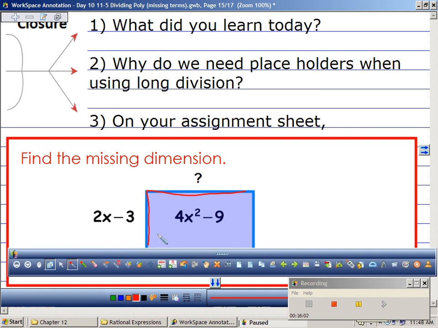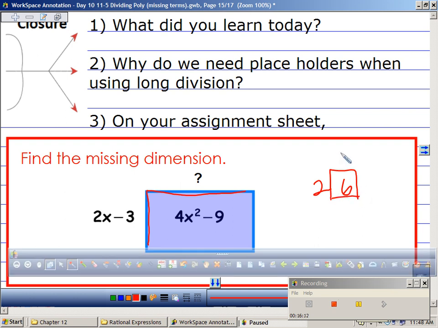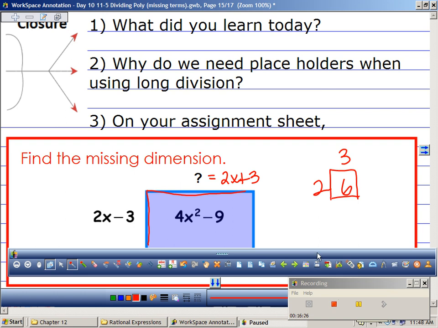It is part of the square. Division is the same thing, guys. Just like this, if I had a 6 and it was a box, what would this side be? The area inside of the box? We'll go over it in 1 second. So this is 2x plus 3.